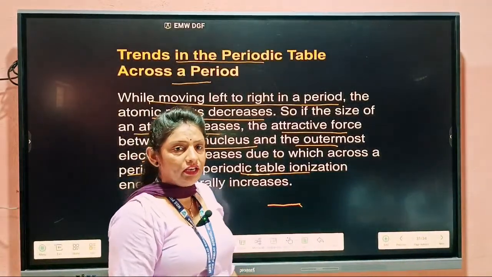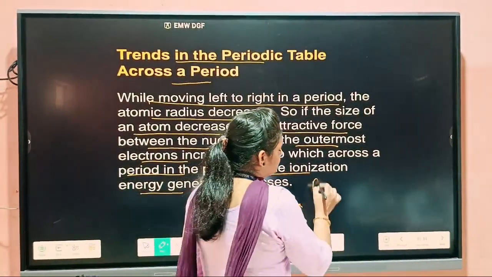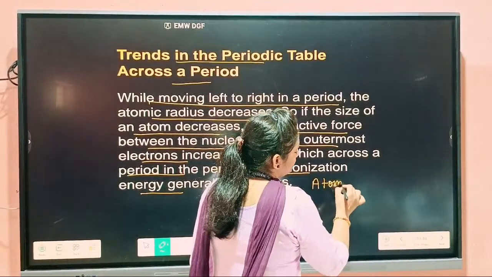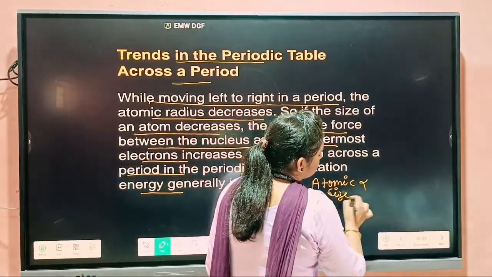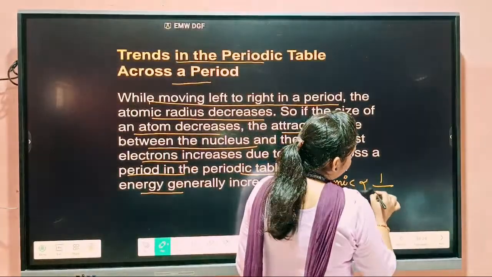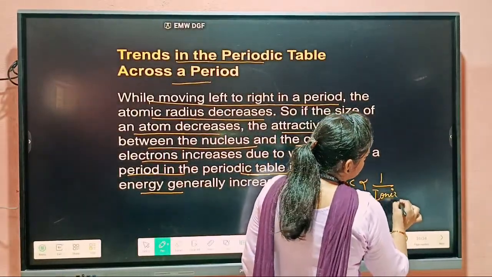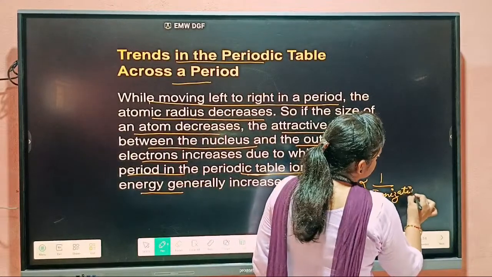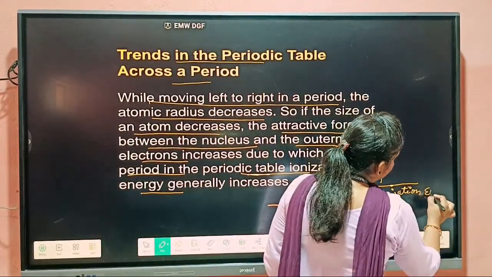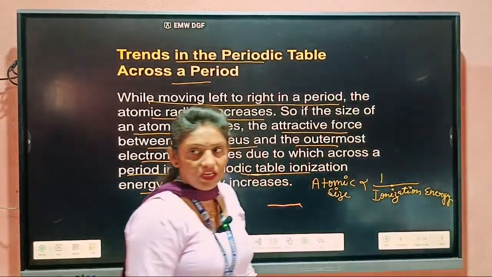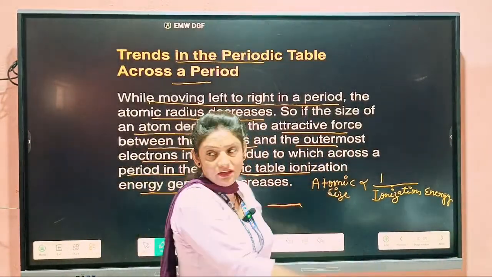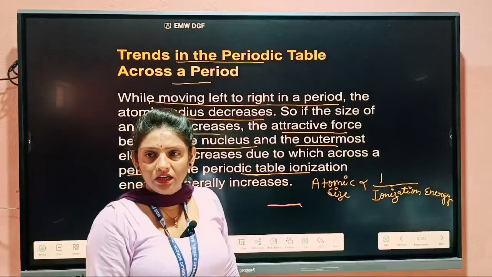You have already discussed atomic size. Students, atomic size and ionization enthalpy are inversely proportional to each other. If atomic size increases, then ionization enthalpy decreases. If atomic size decreases, then ionization enthalpy increases.